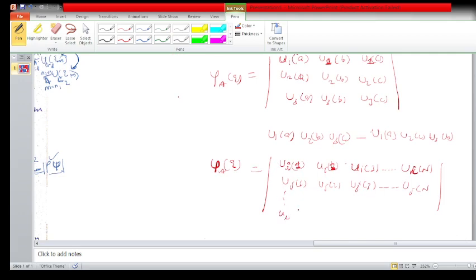In this determinant, finally you'll be having Ul of 1. You can denote it with any letter, no problem with that. Ul of 2, Ul of 3 and so on up to Ul of n.